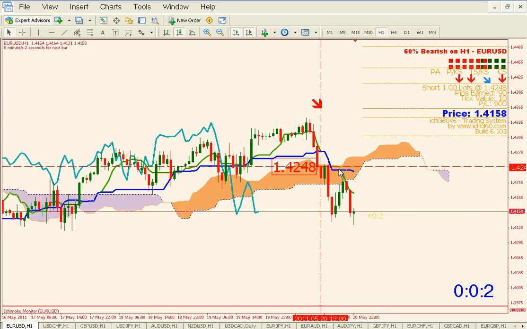Okay, price, we had this cross, and really the cross started up here, but it didn't really take effect until it got into the cloud. So that's a normal signal. Now if it happened down here, it'd be a strong signal because this is a bearish cross. Anything that's happening inside the cloud is going to be a normal signal.